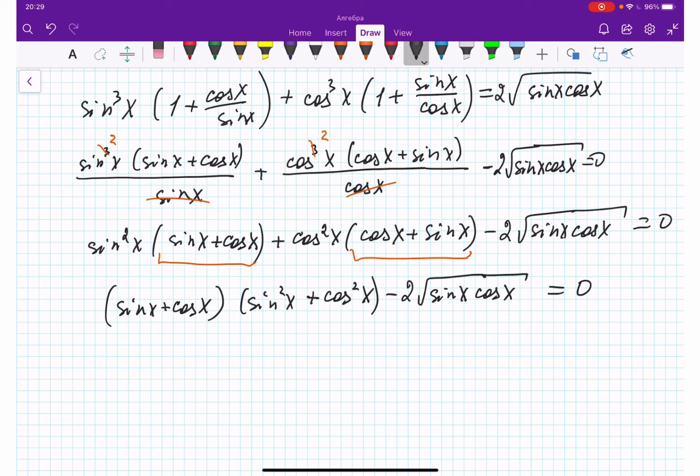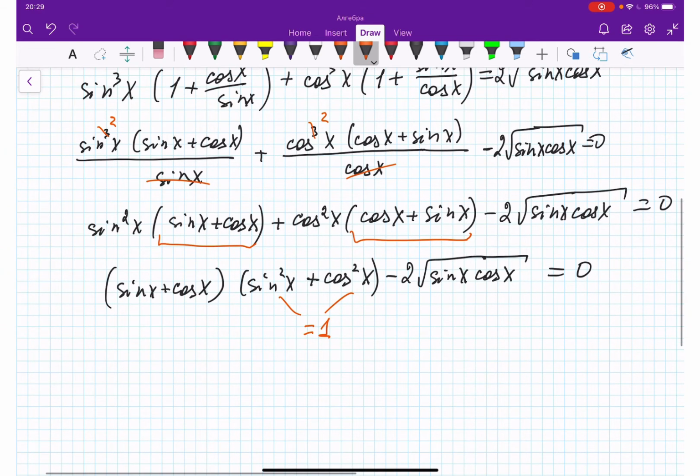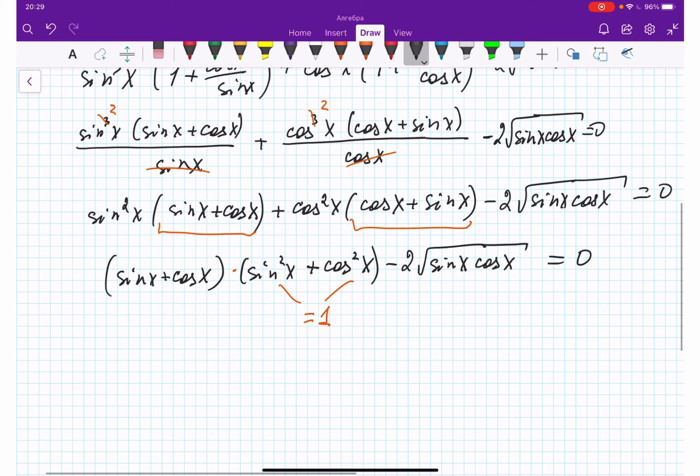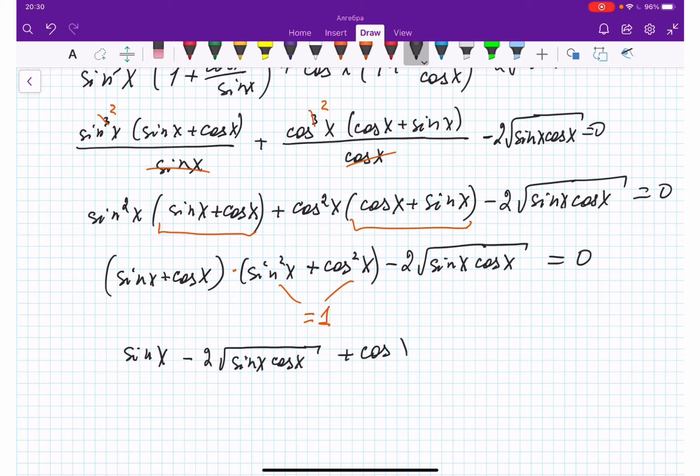All right, so sine squared x plus cosine squared x is equal to 1, which means it's going to be gone because it's tied up with multiplication. Hence we are going to get sine x, and I am rewriting in a format that will be interesting to read: minus twice the square root of sine x cosine x, and plus cosine x, which I'm moving as the last term, equals 0.